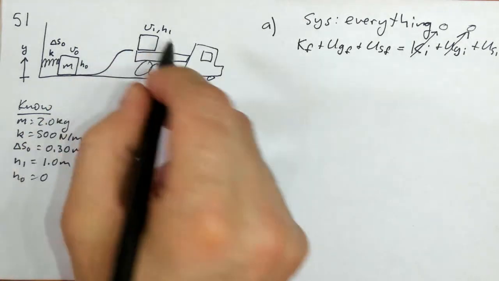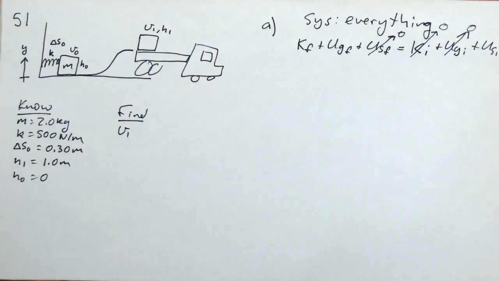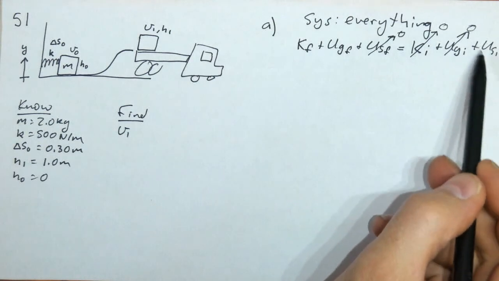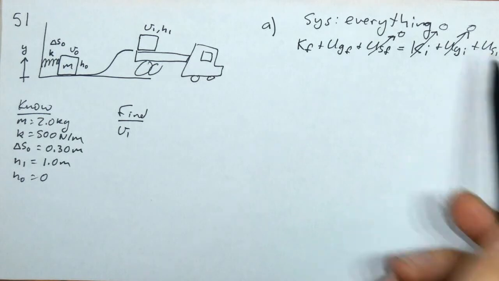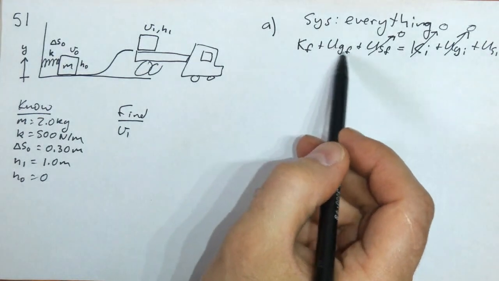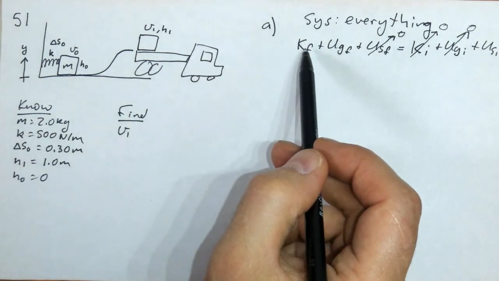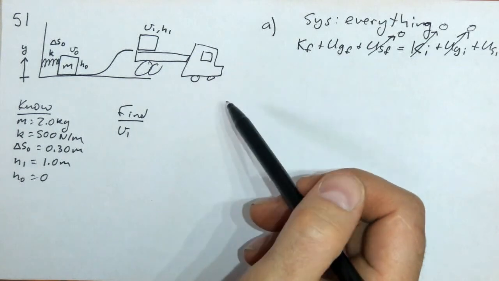When we get up here, the spring's not compressed anymore, so that's 0. And so what I get is that all the energy initially is stored in the spring, and it gets converted into potential energy. It lifted it up a certain height, and it's probably still moving at that point. We can assume so because that's what the problem's asking us for.